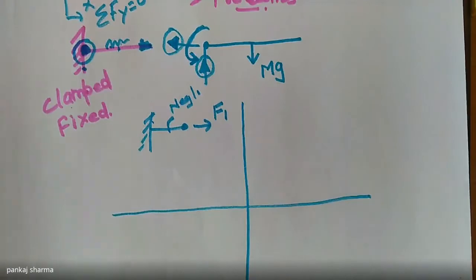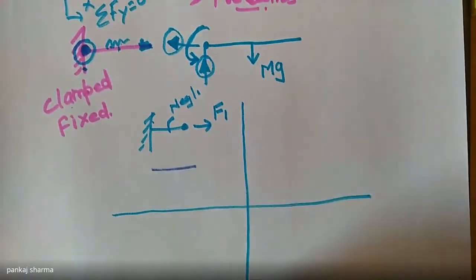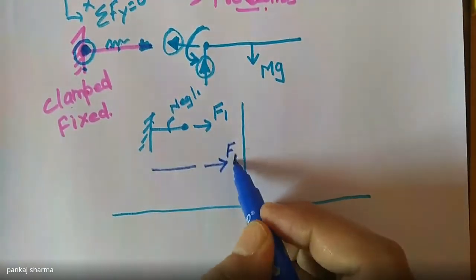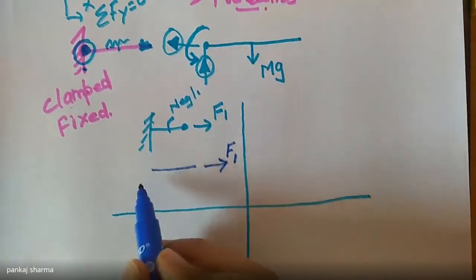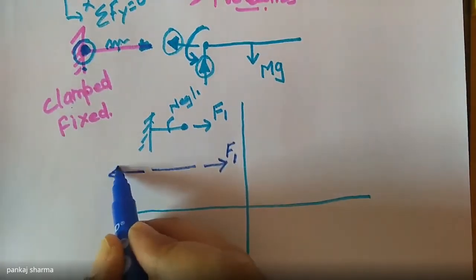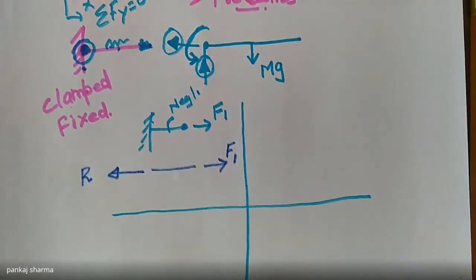In that case, we can simply draw the free body diagram. It is a rod subjected to external axial force F1. Just to keep this rod in equilibrium, it is clamped at this point, so a reaction must be present. Otherwise it can move in the axial, horizontal direction.